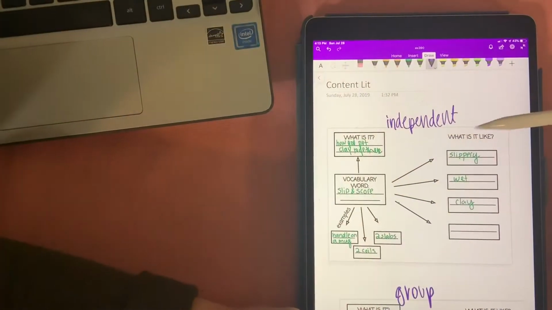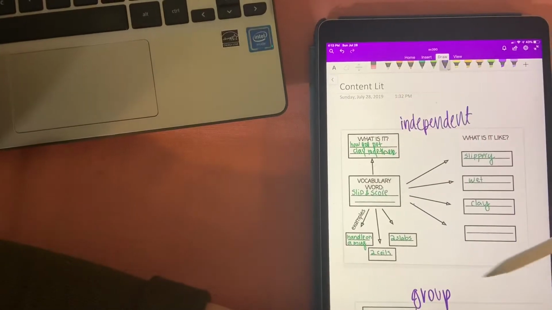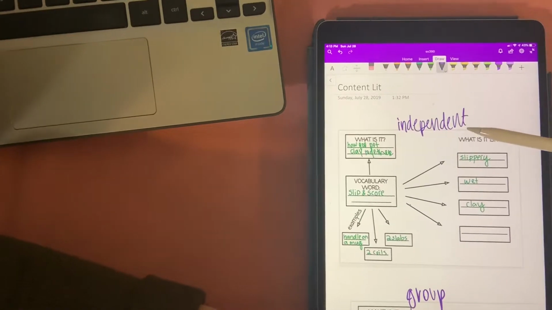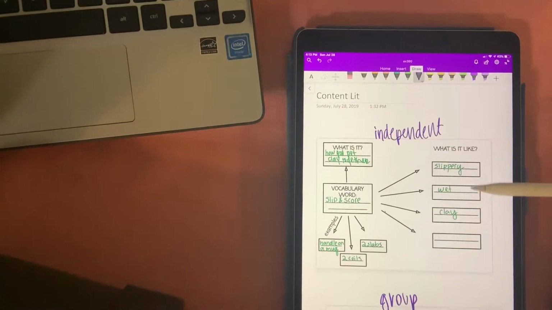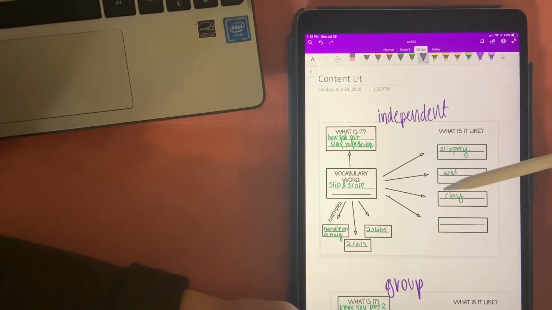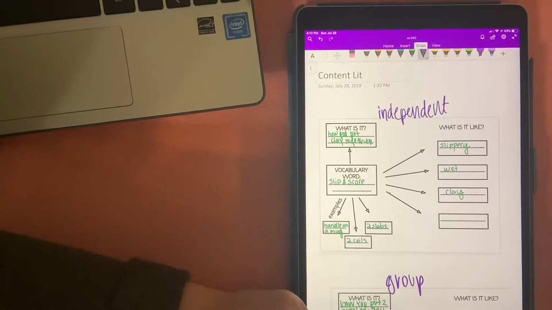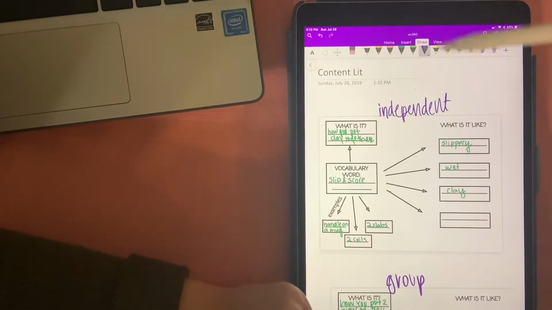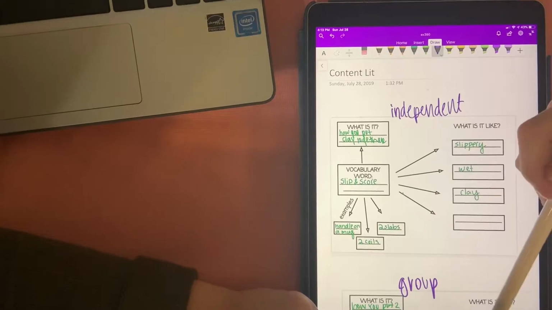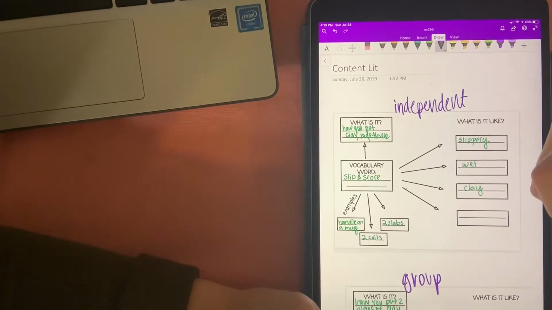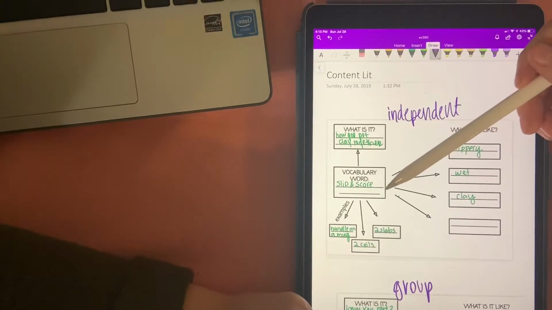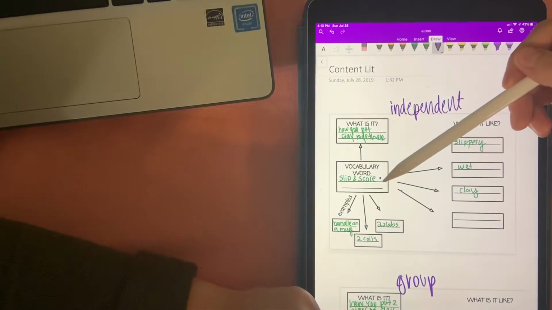So, this example of the word map model on the top here was done independently by the student. I will have done this whole assignment as a standalone assignment after the student has read the book about clay. I'm going to go through what they put independently, and then I will go through what they put once they got together with their groups. So the vocabulary word that this student talked about was slip and score.